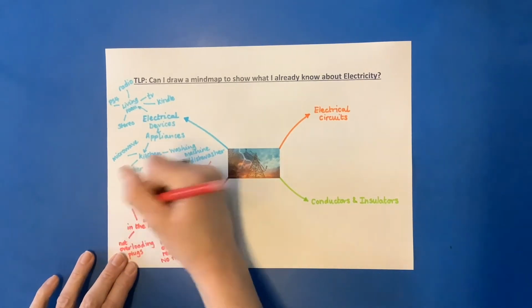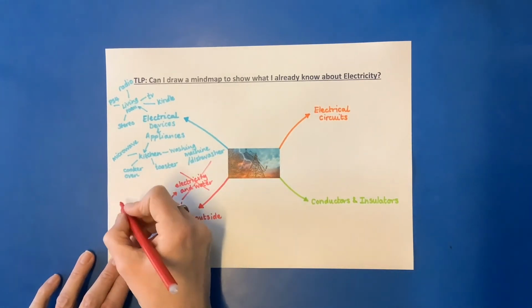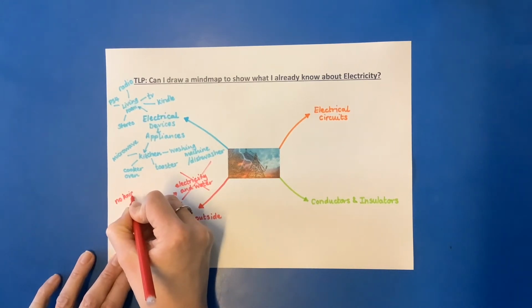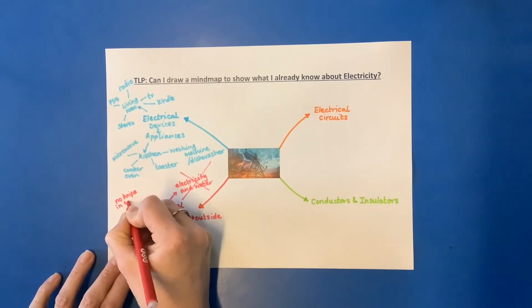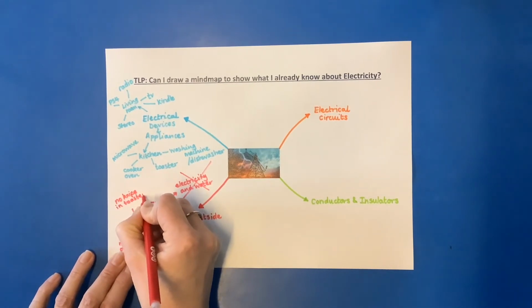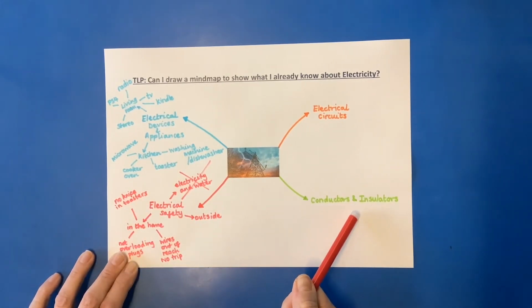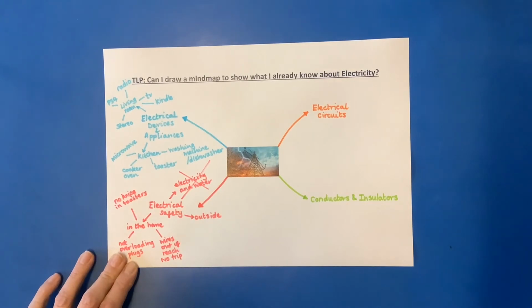Also things like no knives in toasters, very dangerous. And we'll think about a bit more why that might be dangerous when we get to this part.